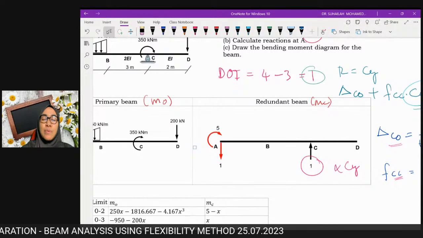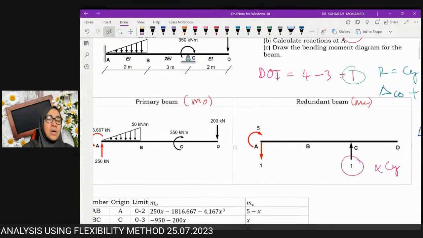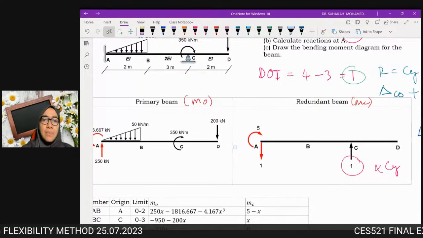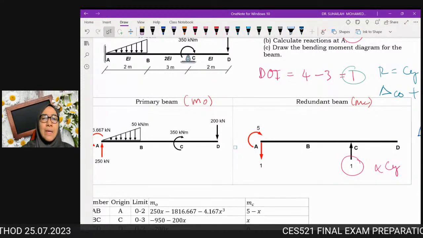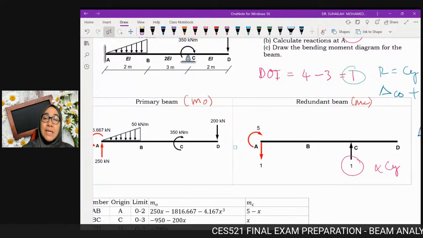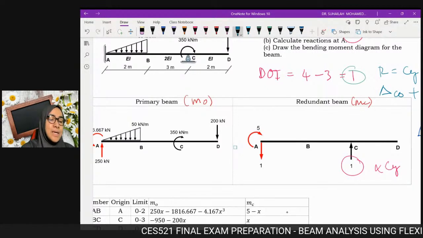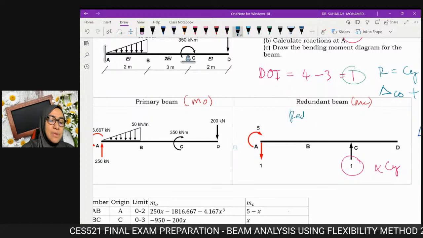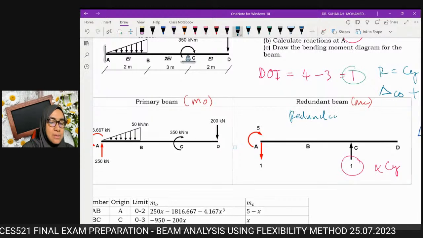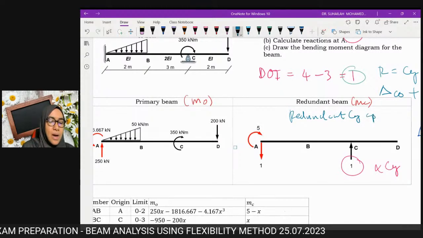So M naught comes from the primary beam, and MC comes from the redundant beam, where the redundant beam is the one with redundant CY applied.